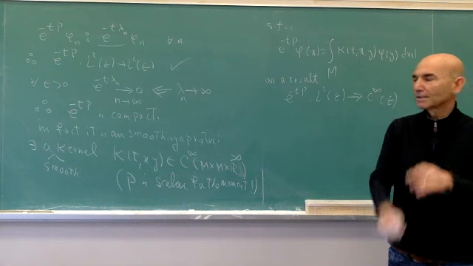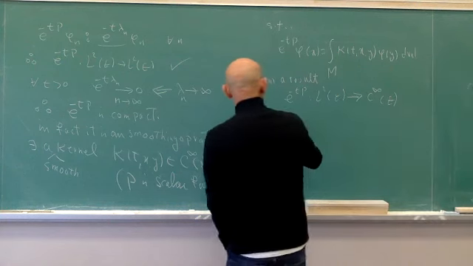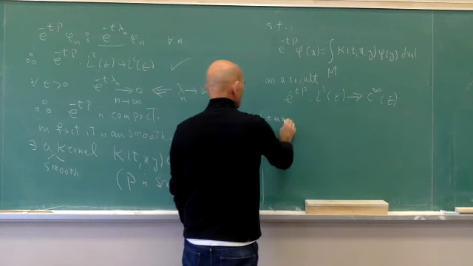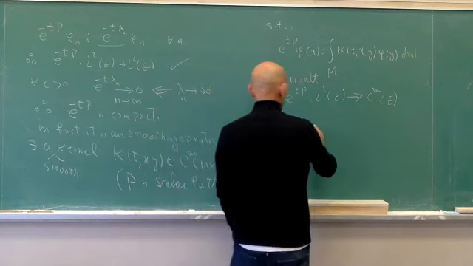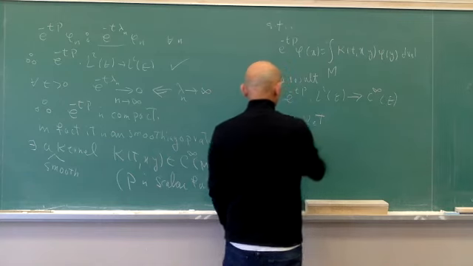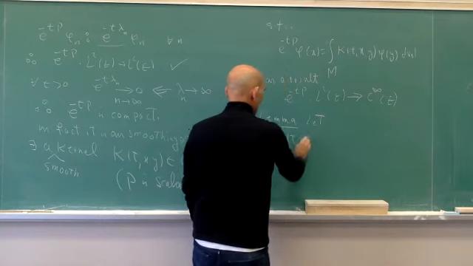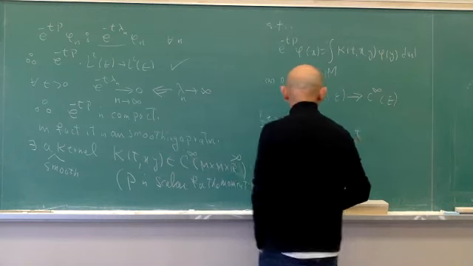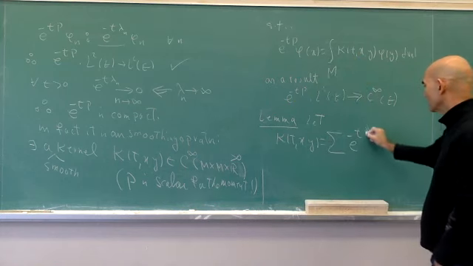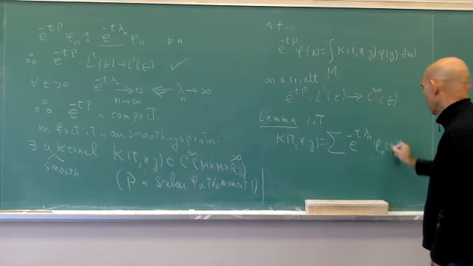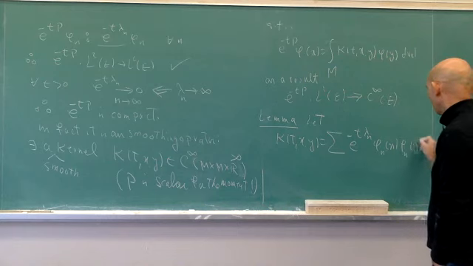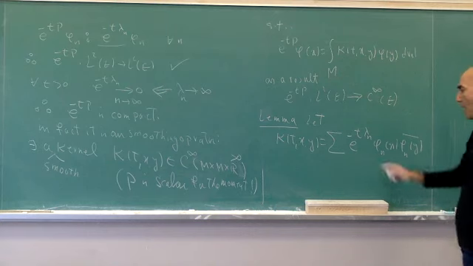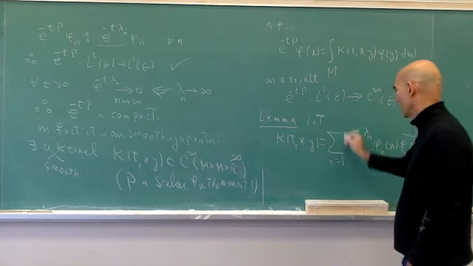So basically, the lemma is this: let k(t,x,y) be equal to the sum, from n equals 1 to infinity, of exponential of minus t lambda n, phi n of x, phi n of y.